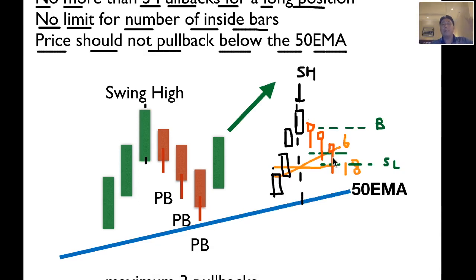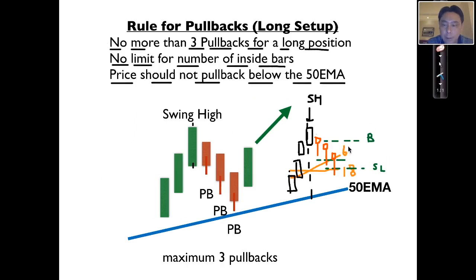Notice that when my order is not triggered, and it's still valid, I would cancel the old order and place a new order. So again, I'll cancel this order, and now my buy order would be here above the high of this candle. This is my new buy order, and my stop loss would be over there.